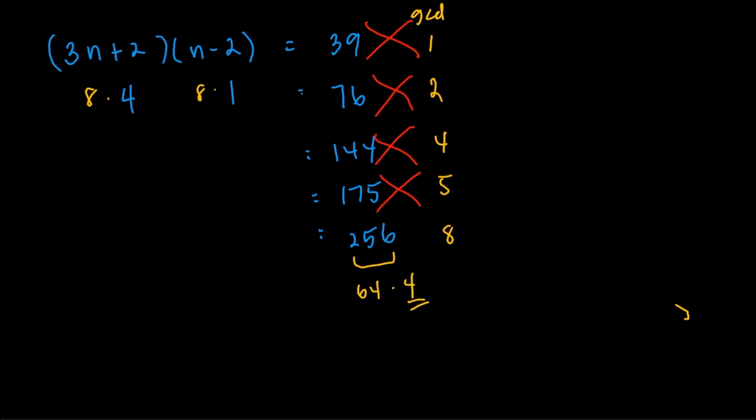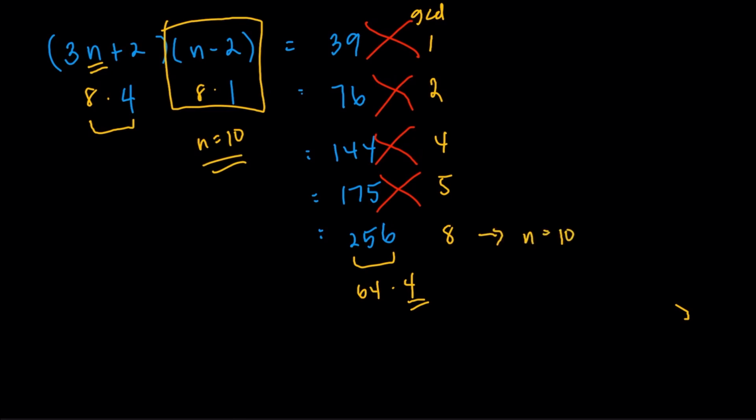If I try to solve for n in this portion, I'll get n to be 10. And that's good, because if you try to put n to be 10 here, you're really going to get 32. So if n equals 10, 3n plus 2 is indeed 32. So in fact, n equals 10 is going to be a possible case under the GCD equals 8 case, and in fact, it's the only possible answer in the GCD equals 8 case.